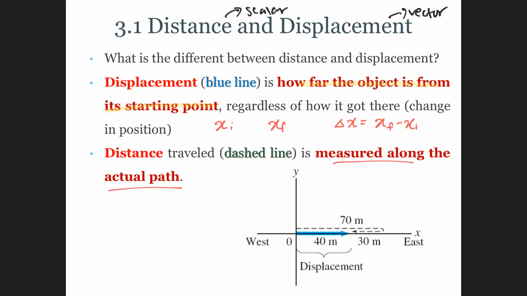It means the total distance traveled. For example, you go to Mid Valley, and after that you go to Ole Ole, and after that you go to the Intake. How much total distance you have traveled, that is distance. Distance is a scalar, which means you only consider the magnitude, and for displacement you need to consider both magnitude and direction.